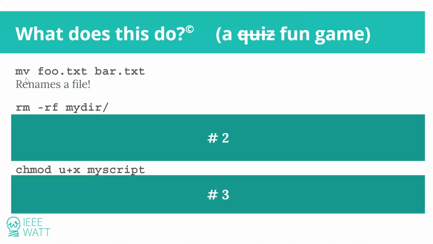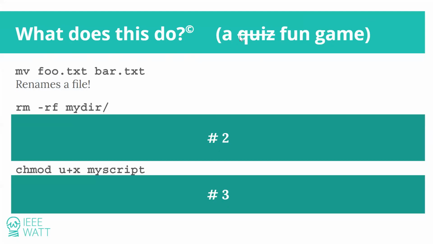You use the move command, mv, and it'll rename files for you. You can do that to rename folders too. So this was kind of a trick question, but don't feel bad if you didn't know it, because we didn't go over it until here. That was the first one.